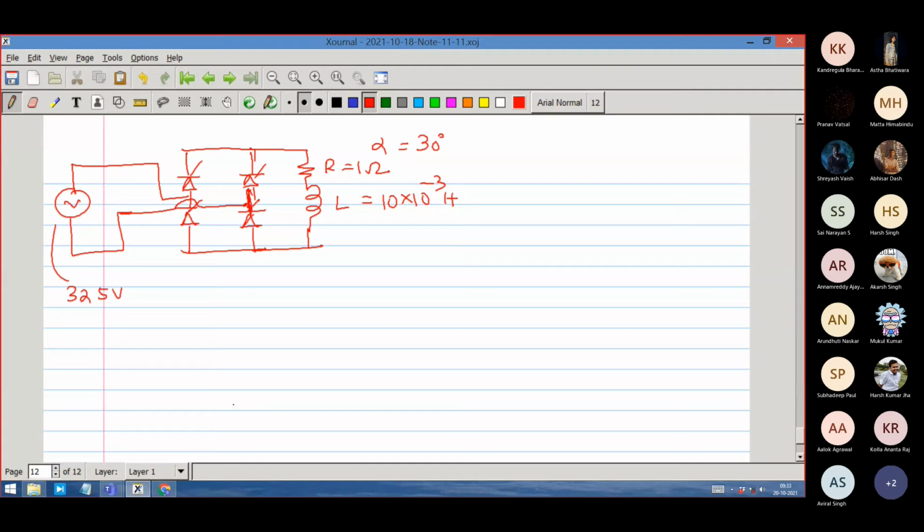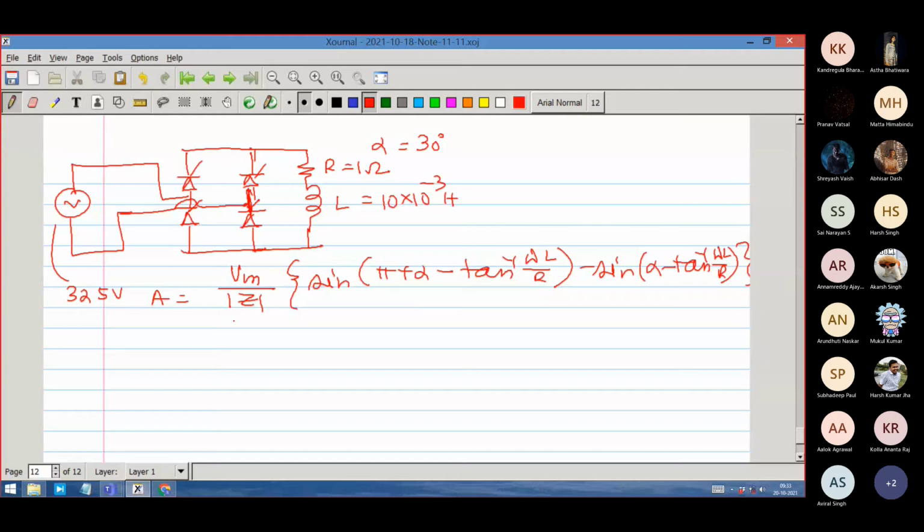So I calculated this A using this. A was this one: Vm by mod Z into sine of pi plus alpha minus tan inverse omega L by R, minus sine of alpha minus tan inverse omega L by R, divided by e to the power minus R alpha by omega L minus e to the power minus R into pi plus alpha by omega L. I have put the values, 325 by 3.3 approximately.